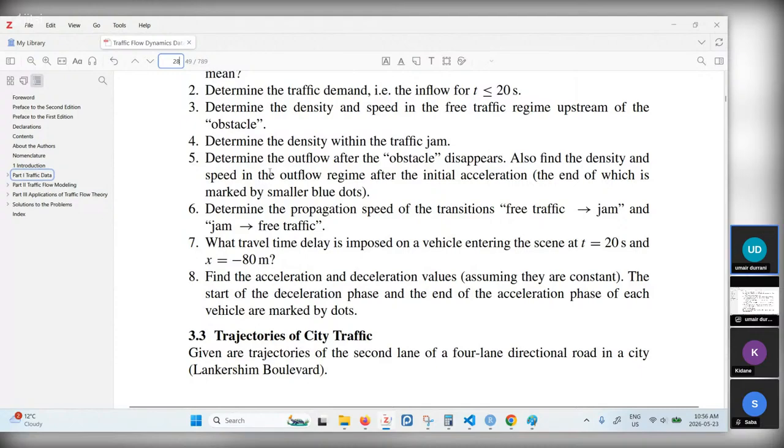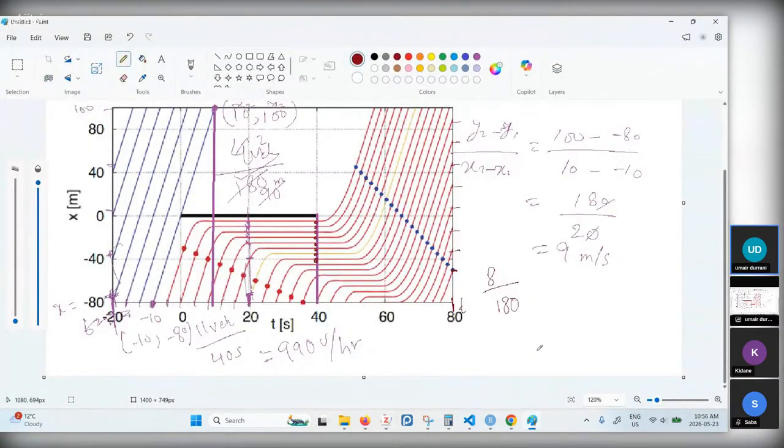Okay, they also asked about flow. So flow can be obtained at any X location. So we can maybe do that here. One, two, three, four, five, six, seven, 8, 9, 10, 11.